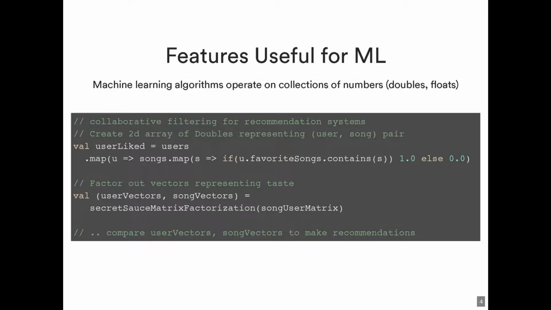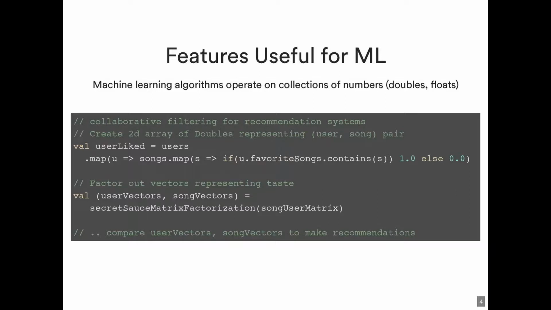You create a 2D array of doubles by crossing your set of users and your set of songs, and then mapping those to zeros and ones based on whether or not the user liked the song. And then from there, you apply some matrix factorization and some other algorithms to pull out vectors of numbers representing user taste and representing songs.